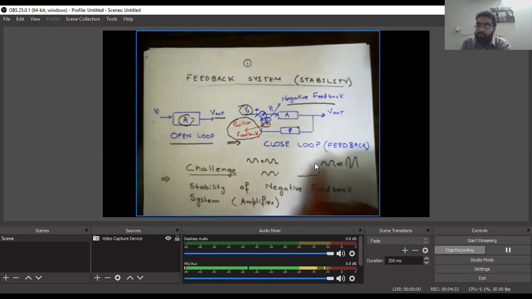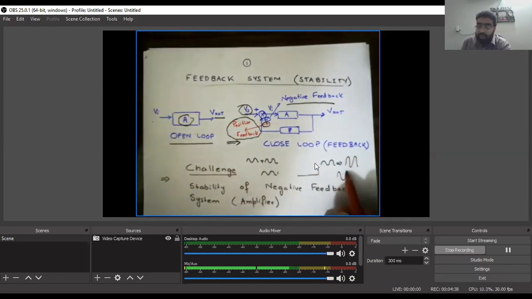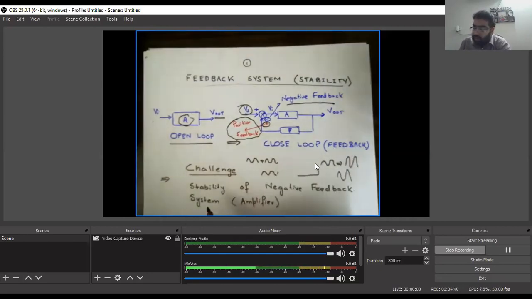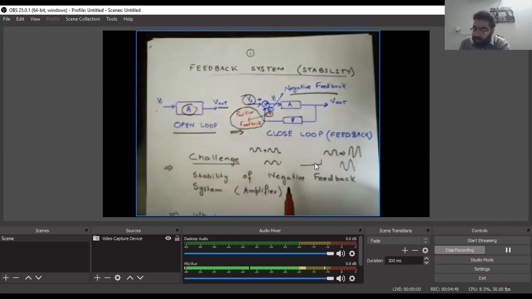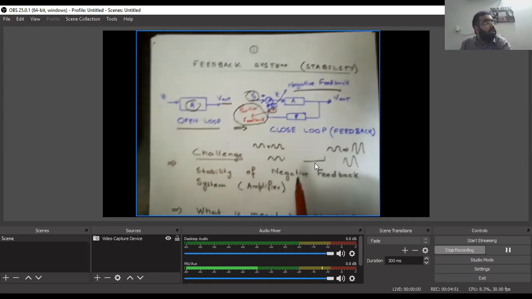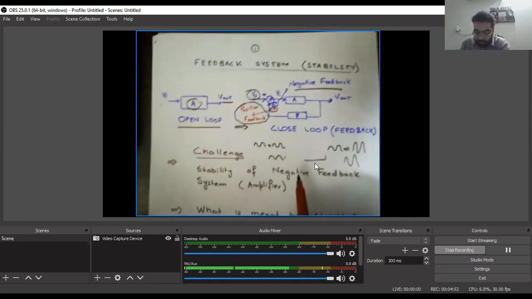So after passage of time, the signal will start increasing and it will start oscillating, and ultimately it will become an infinite signal. So that's the main concept of a positive feedback system. But since we are talking only about a negative feedback system, let's talk about the negative feedback and the challenges involved in it.